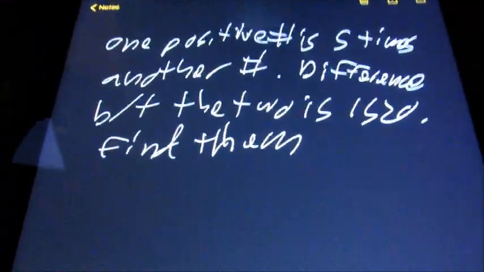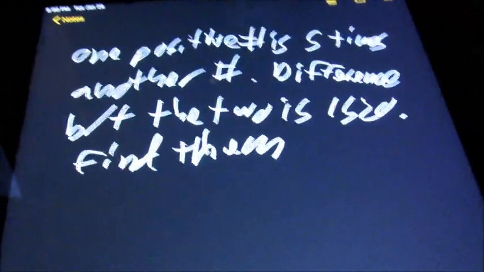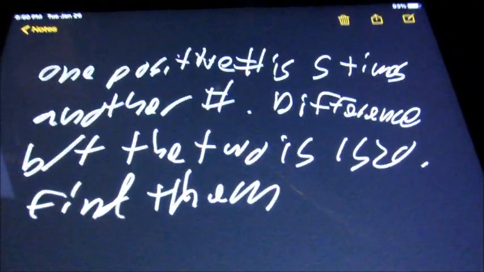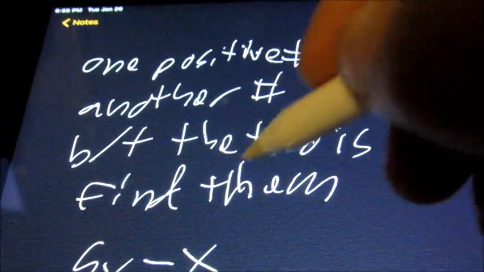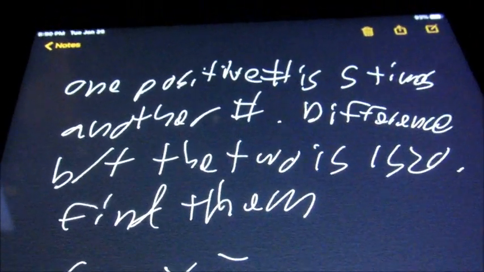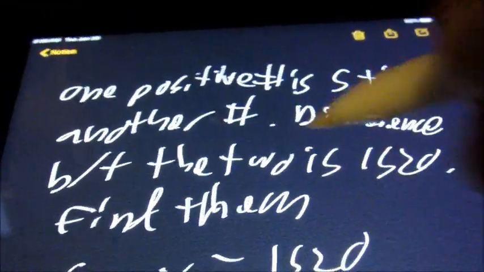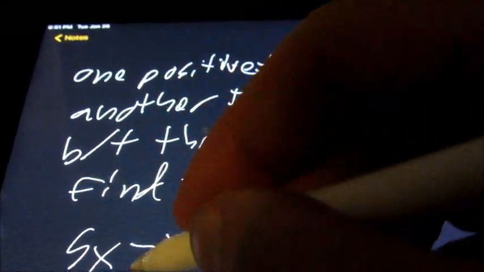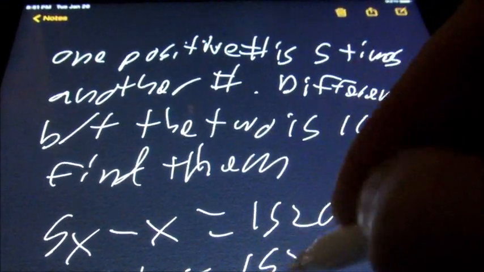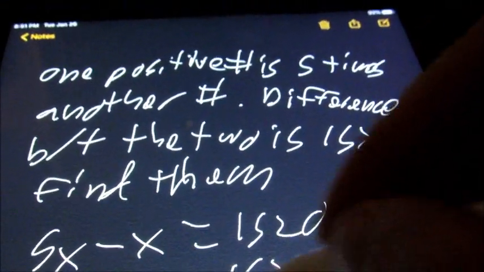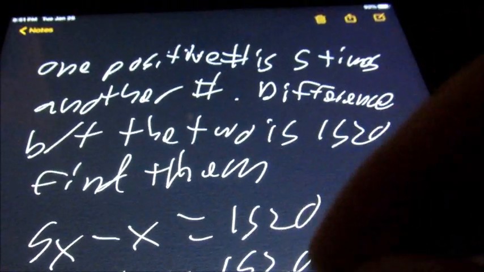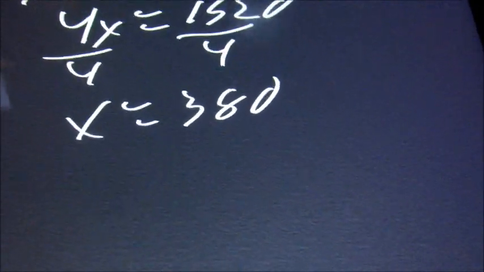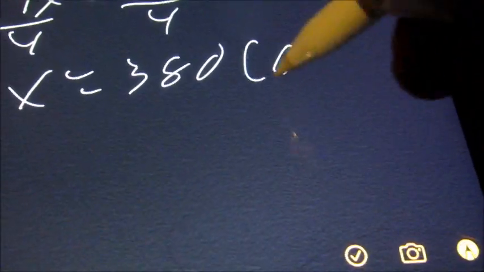Okay, so that means we're subtracting because it's a difference. One is 5 times the other number. So 5x minus 1x equals 1520. Combine the like terms. We have 4x is 1520. Divide both sides by 4. And x is 380. So then to find the other one, we just multiply this by 5.